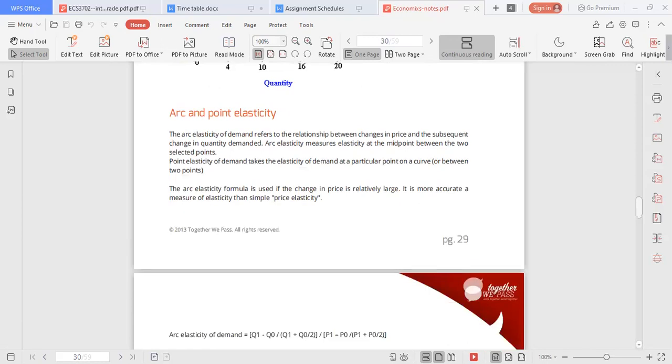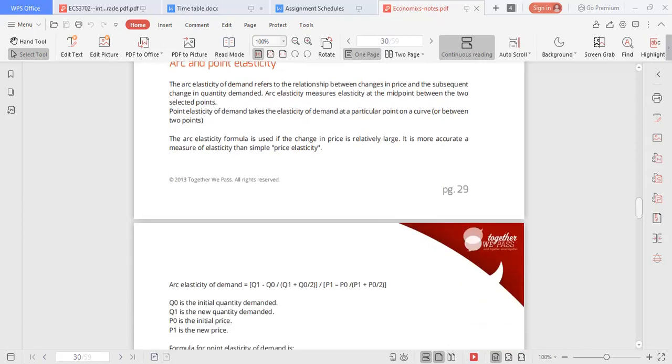So we have arc elasticity and we also have point elasticity. The formula for calculating arc elasticity is Q1 minus Q0 divided by Q1 plus Q0 divided by 2.